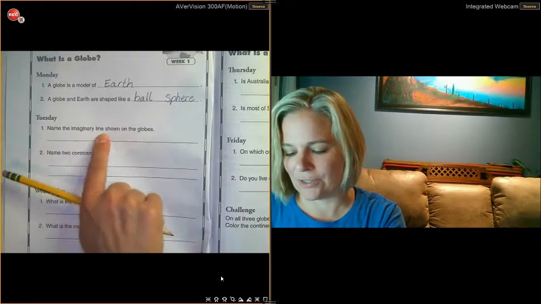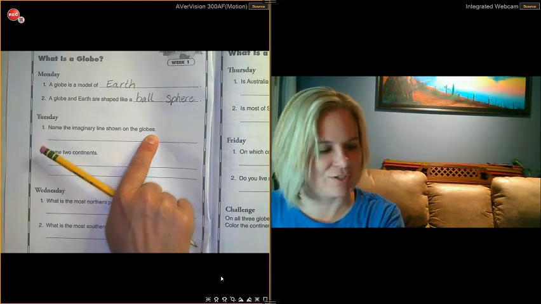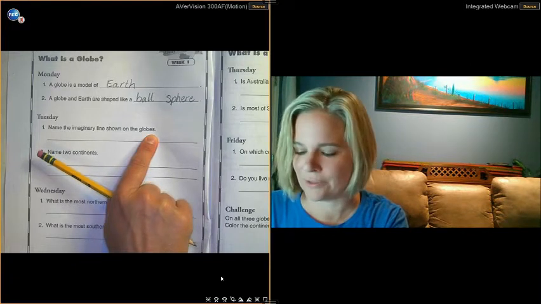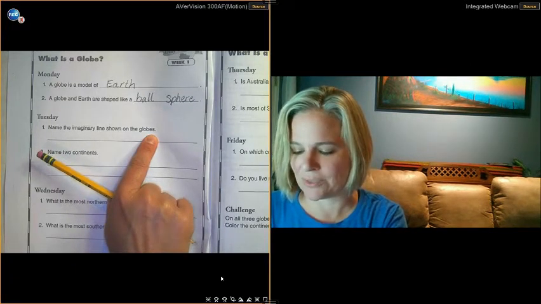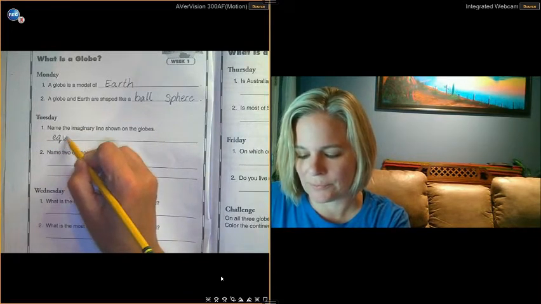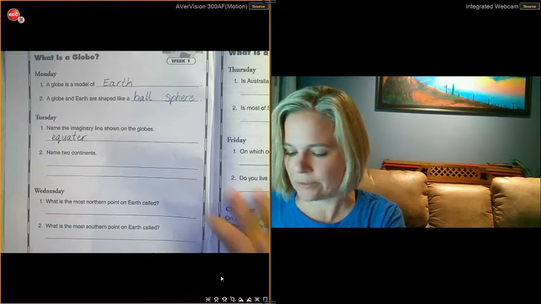Name the imaginary lines shown on the globes. So if I travel to Africa and I stand right on the equator, am I going to see a line going through? No, it's only something we draw on the globes. Equator comes from the word equate, equal parts.